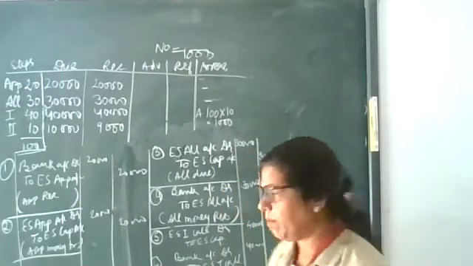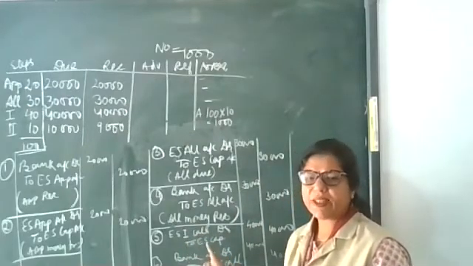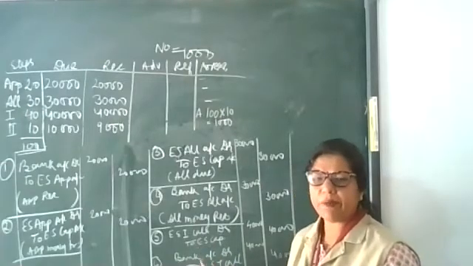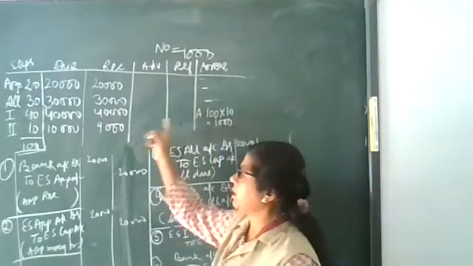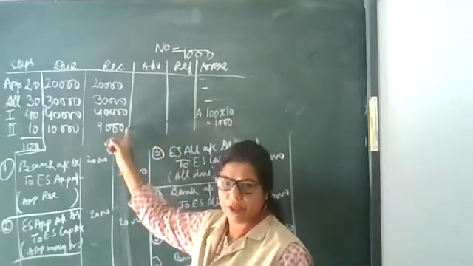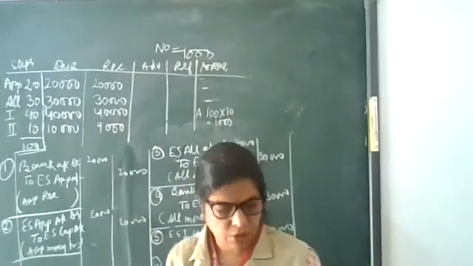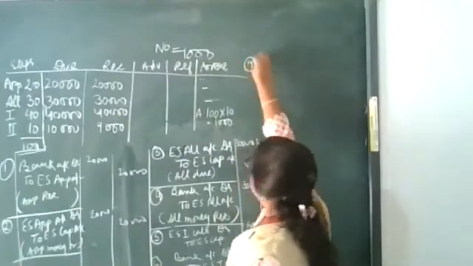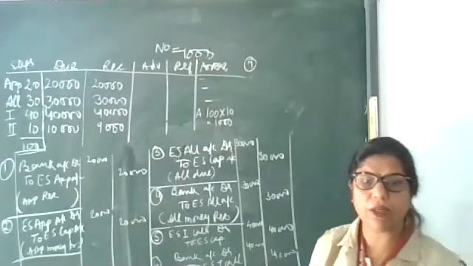The same entry you will put for second call, my dear students. ES second call debit to ES capital. Bank debit, calls in arrear debit to second call. Why calls in arrear debit? Because in this call they have arrears. Got it? Clear? So in the seventh entry, now you will be able to understand how I am doing.